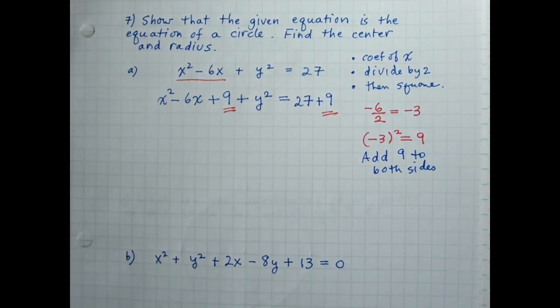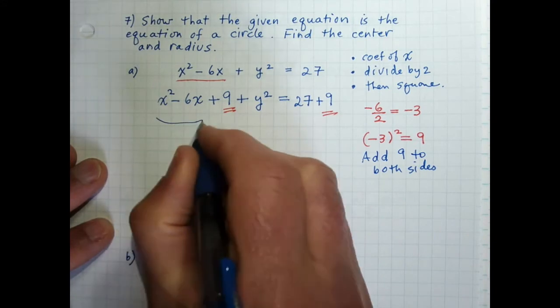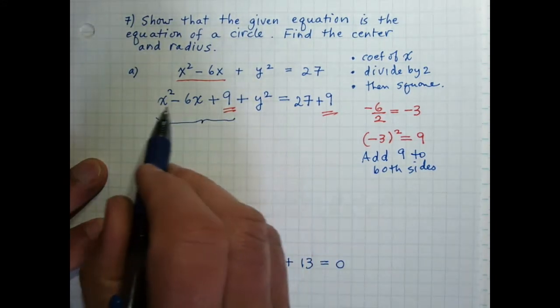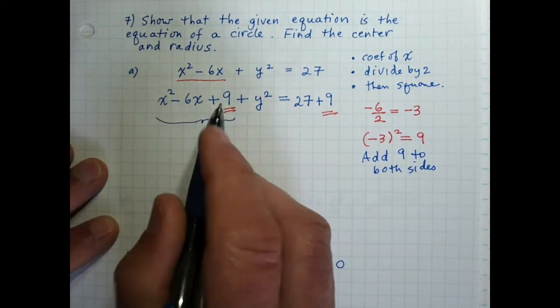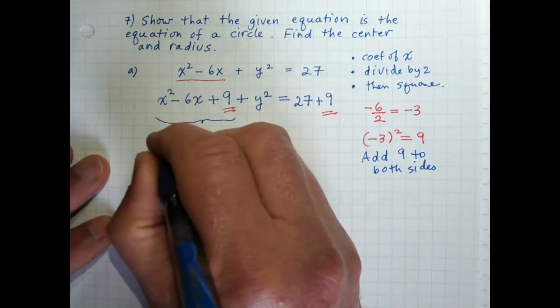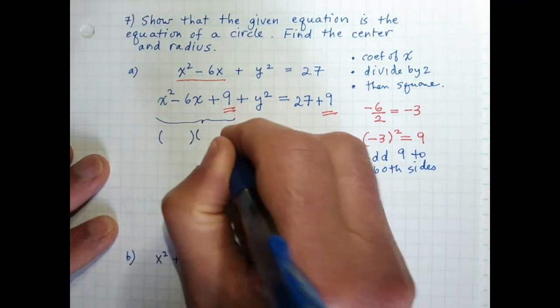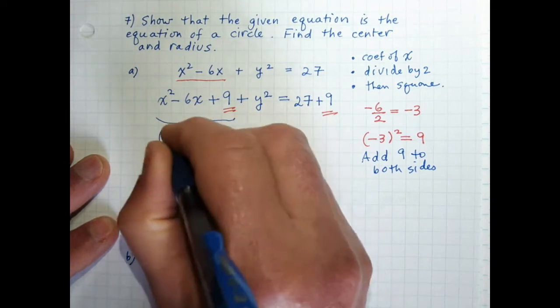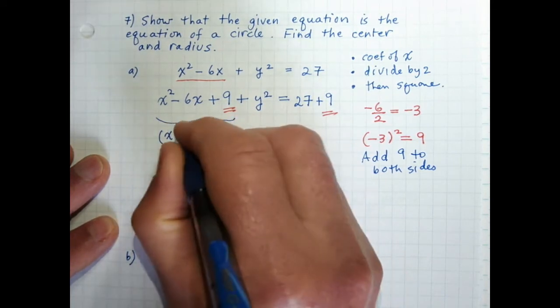Now the reason I've done that is I can now factor these three terms to the left, the x squared minus 6x plus 9. That, thought of as a trinomial, will factor into (x minus 3)(x minus 3), not too hard to see.